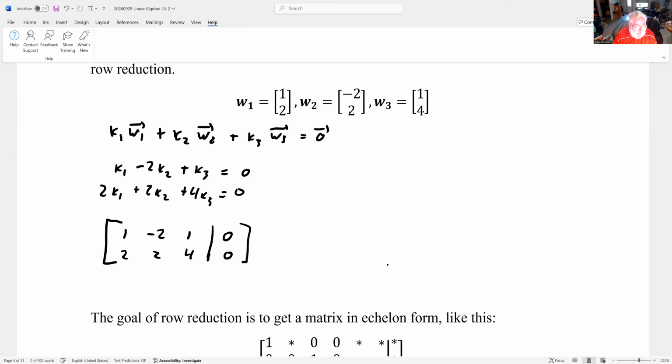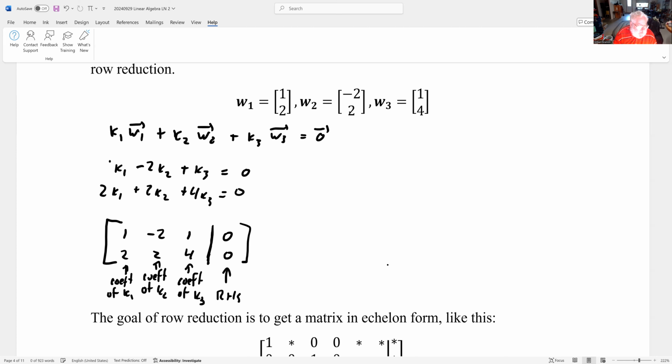And it looks like that. So this side sort of replaces the equal sign. This is the right-hand side, that's my 0, 0. This is the coefficients of K3, coefficients of K2, and the coefficients of K1.